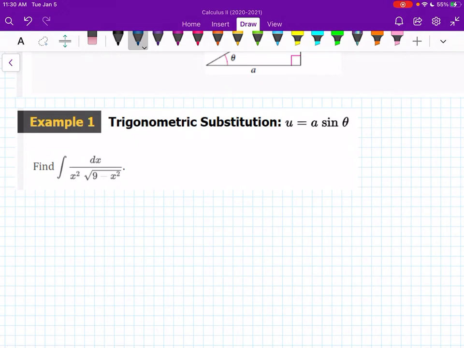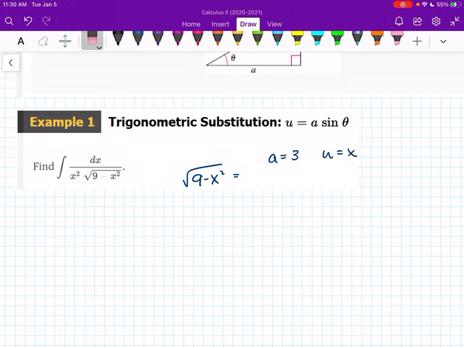So the first one is find the integral of 1 over x squared times the square root of 9 minus x squared dx. So the first thing I notice is I have 9 minus x squared. So my a is 3, and u is x.